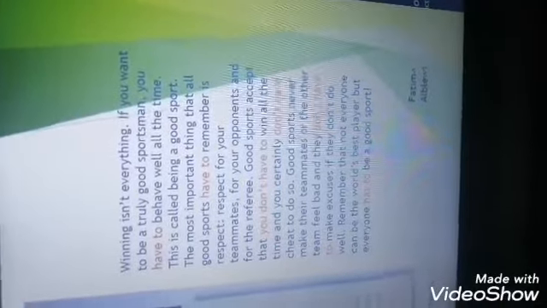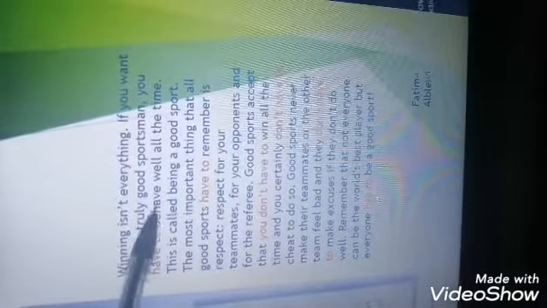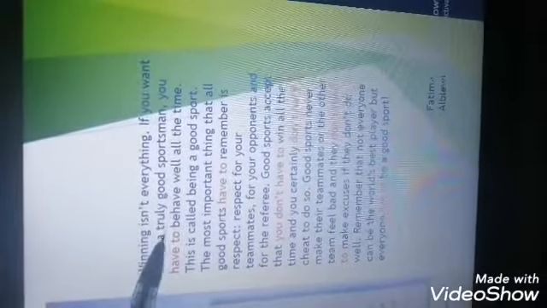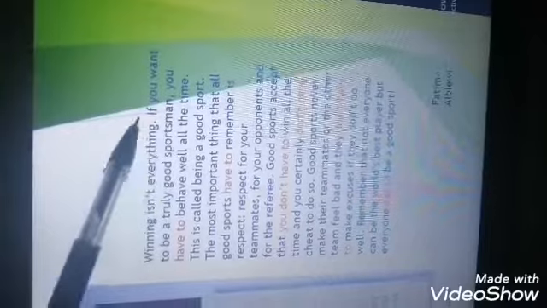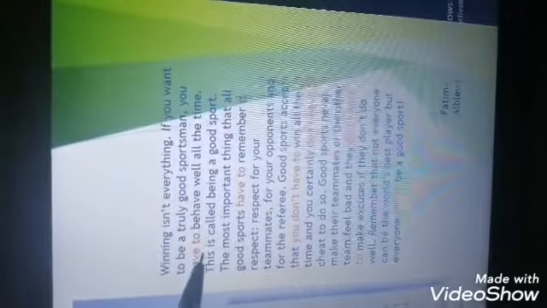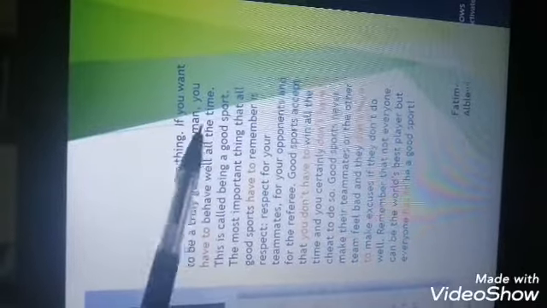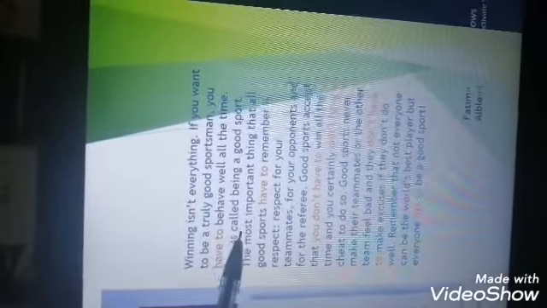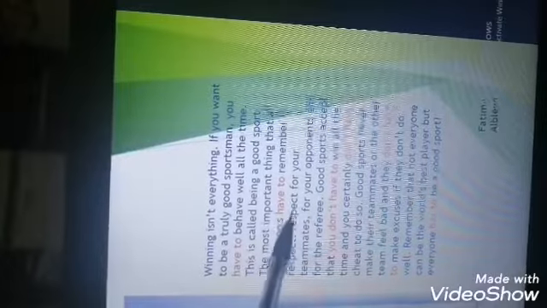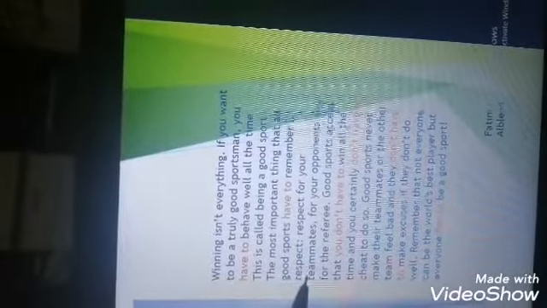Yes, then now here, winning isn't everything. If you want to be a truly good sportsman, you have to behave well all the time. This is called being a good sport. The most important thing that all good sports have to remember is respect. Respect for your teammates, for your opponents, and for the referee.